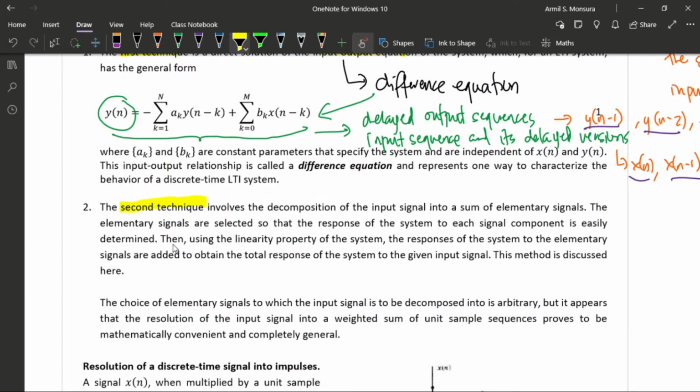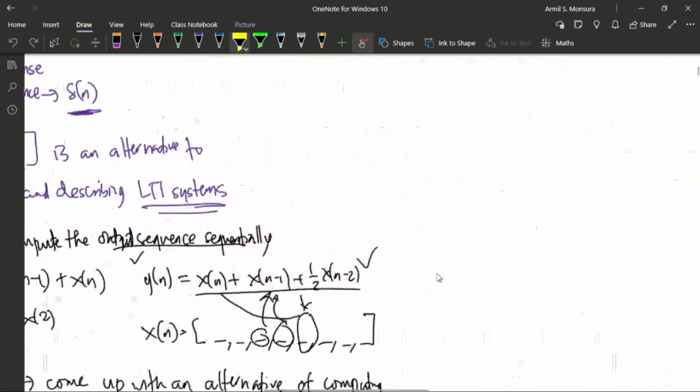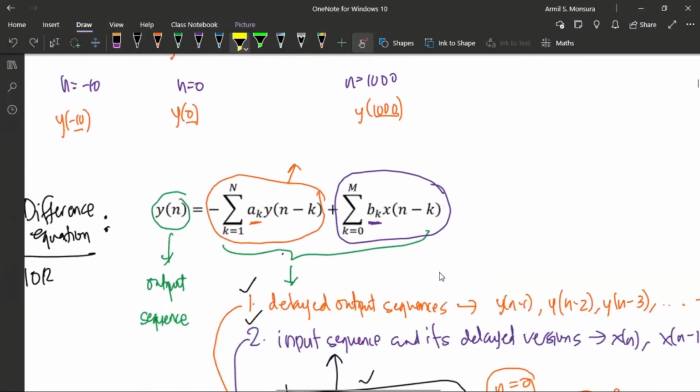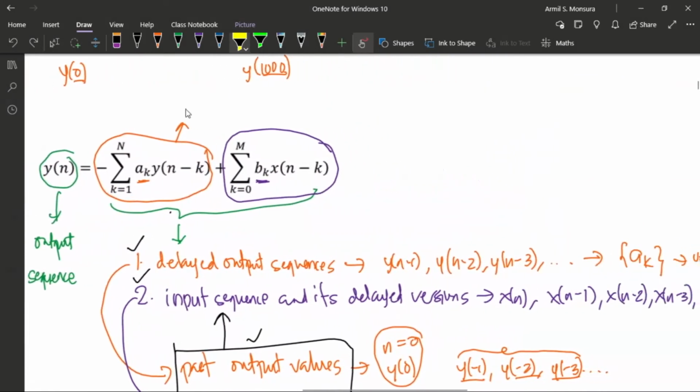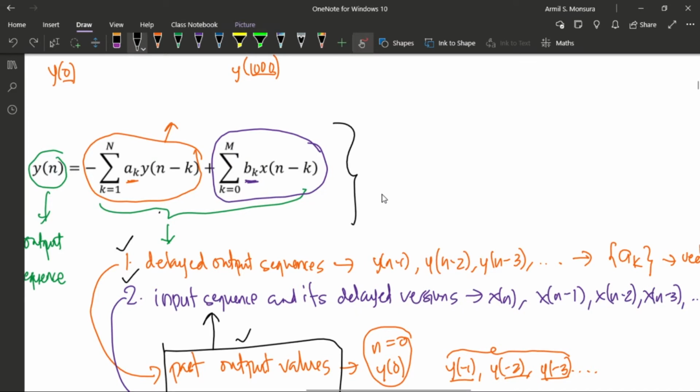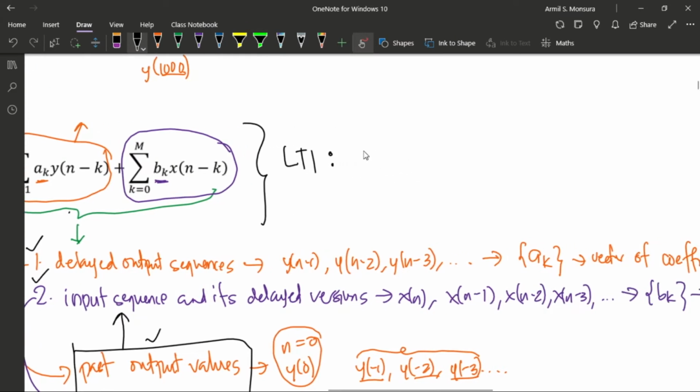By the way pala, nakalimutan, nabanggit na rin niya to dito, no? So para itong difference equation niyo or yung IOR niyo maging LTI, ang requirement is that yung coefficients AK ninyo, especially para maging time invariant siya, di ba?